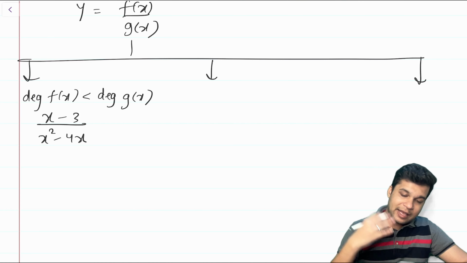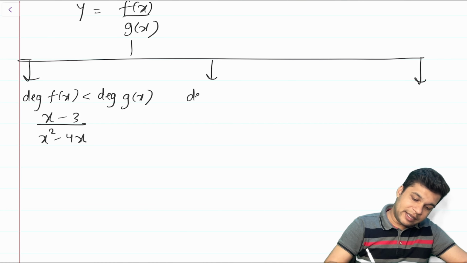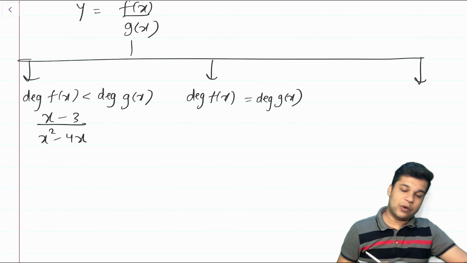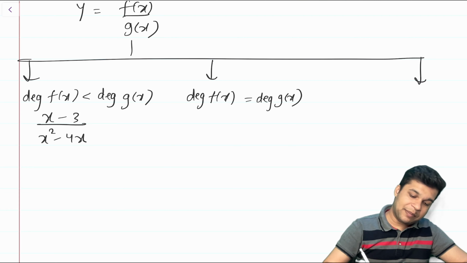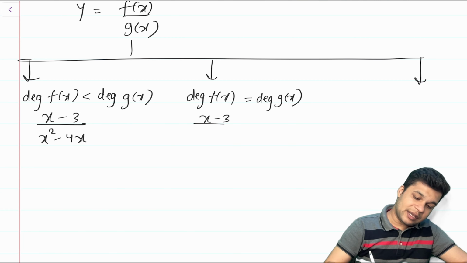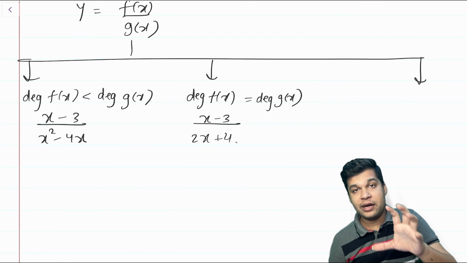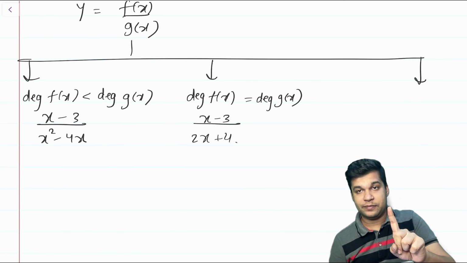Second case, the degree of f(x) is same as the degree of g(x). Okay, what is an example? The example is x minus 3 divided by 2x plus 4. If you see, both in numerator and denominator, the degree is 1.